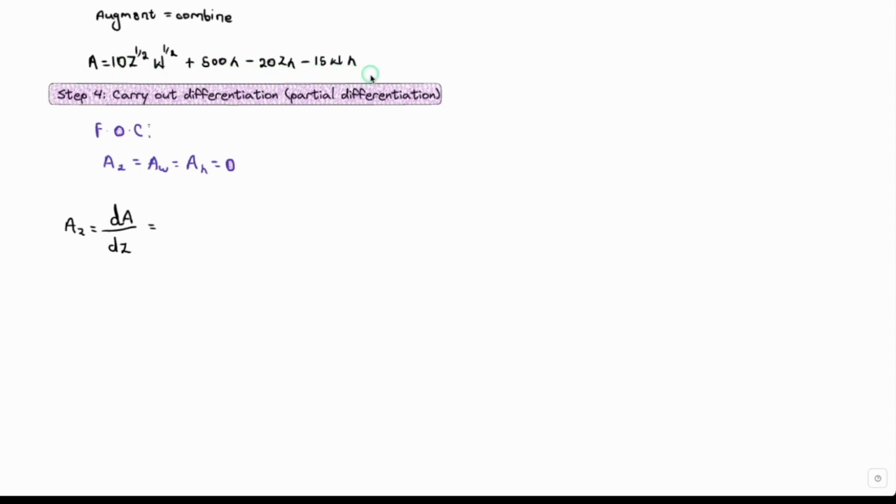In this particular case, I can see z in two places, here and here. So I'm going to focus on these two areas when differentiating the augmented function with respect to z. So how will my solution look?